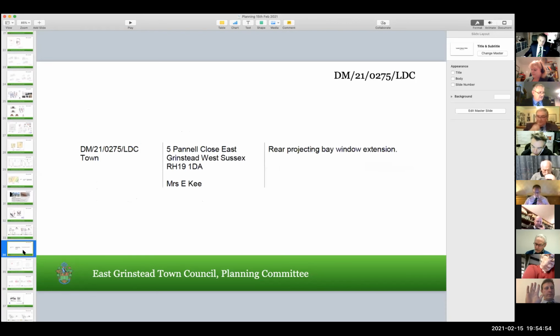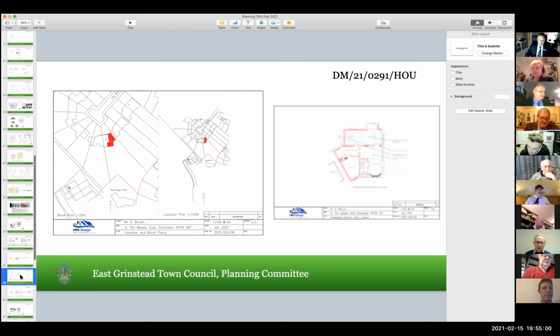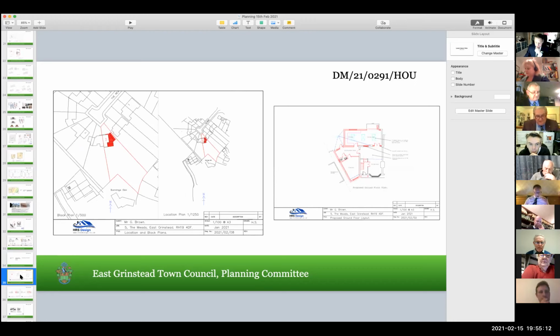Next one is for noting, Police Committee. Noted. Thank you. He's been waiting all evening for this to come up. Here it is. This is DM 210291. This is 5 The Meet. This is removal of existing garage, new two-storey side extension and single-storey rear extension.